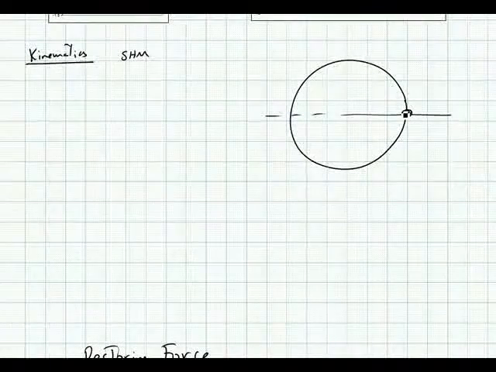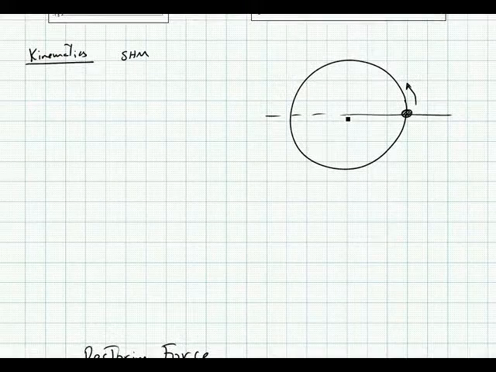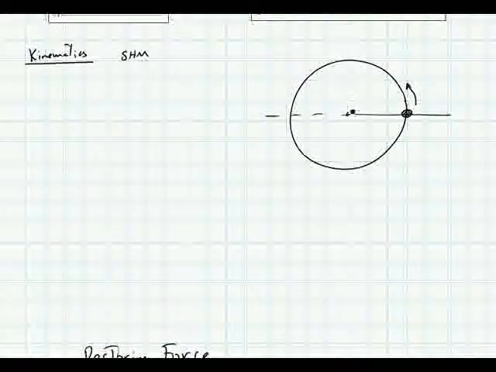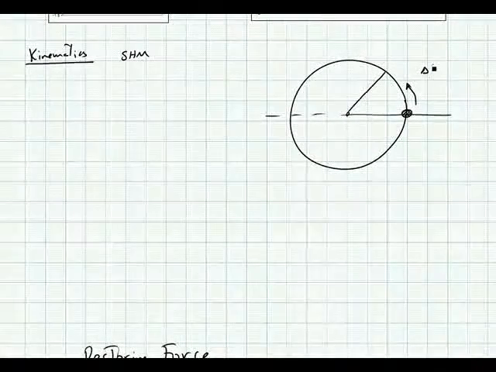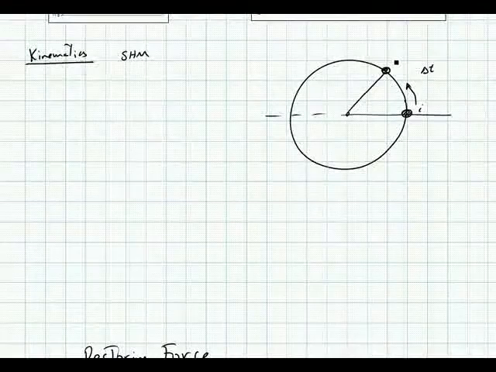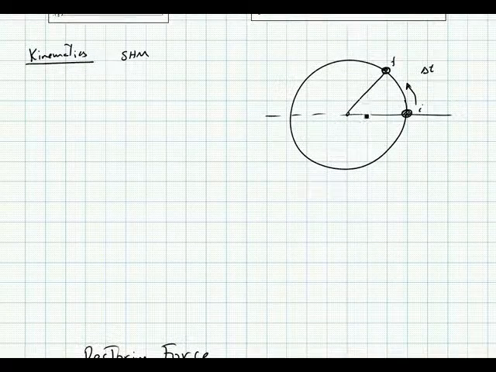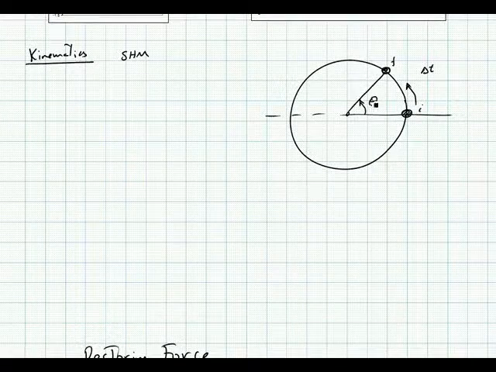Here, let's say we have an object that is moving around in a circular path. So if this object moves in some time delta t over to this position, so this is our initial position, this is our final position, the angular displacement it goes through, let's call that theta.